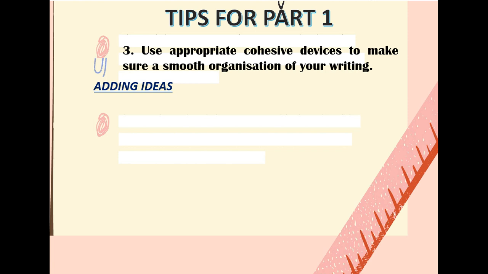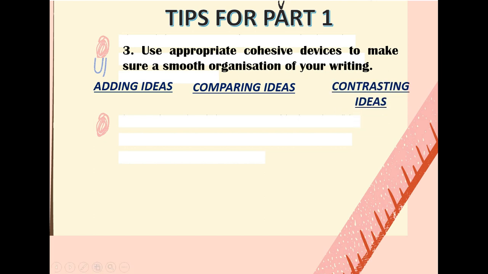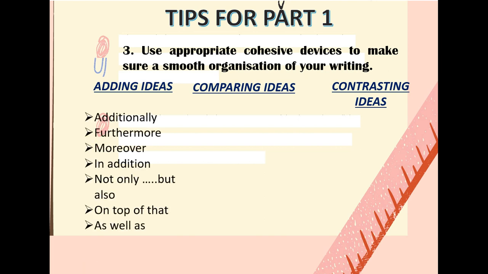The first one, those words that you can use later to add your ideas, comparing ideas, or perhaps contrasting ideas. So the examples are, for adding ideas: additionally, furthermore, moreover, in addition, not only, but also, on top of that, as well as.